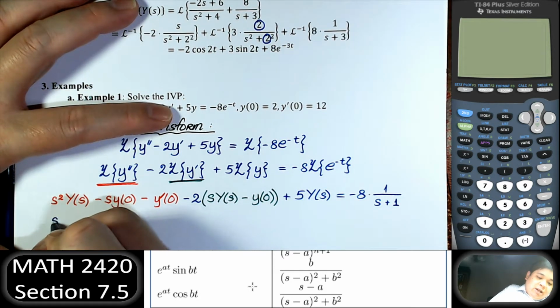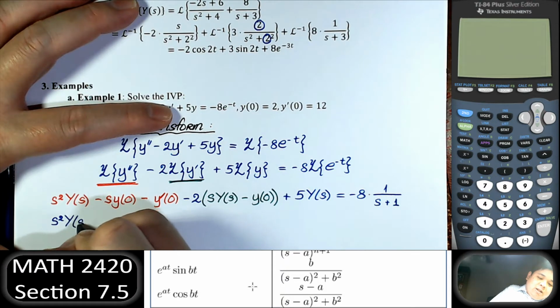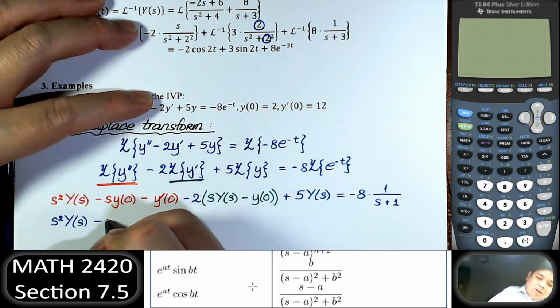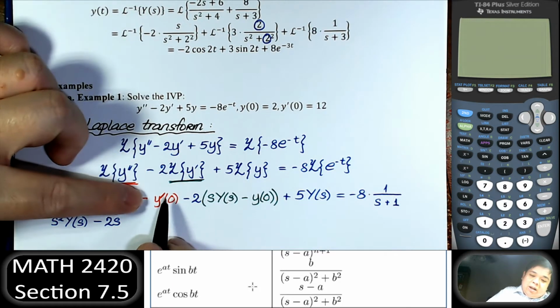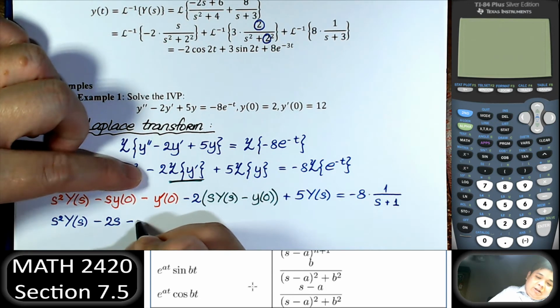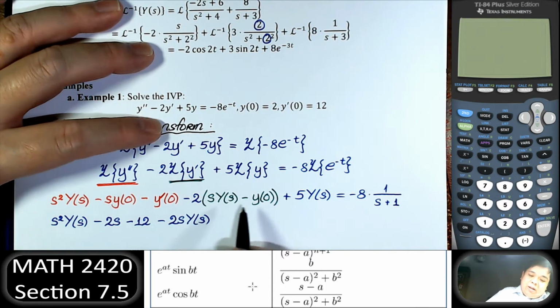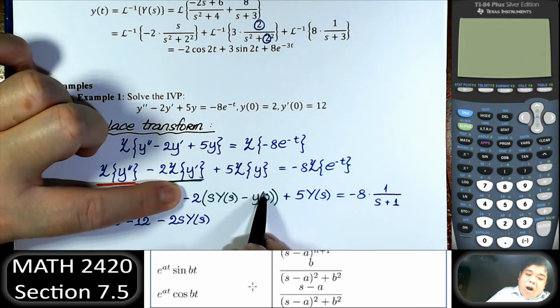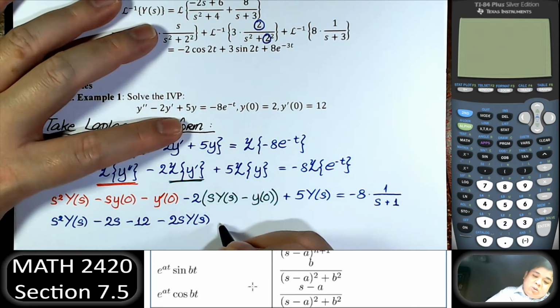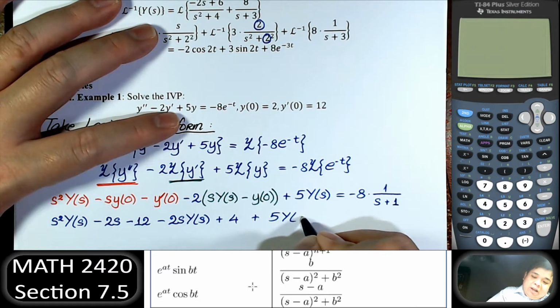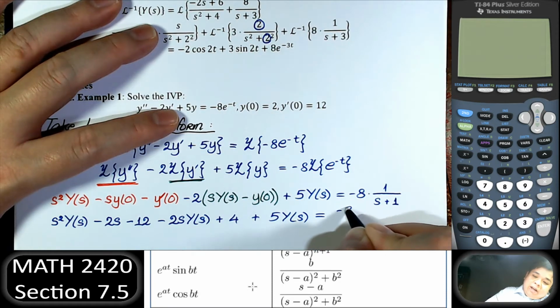We have s squared y sub s minus s. Initial value at 0 is 2, so we have minus 2s minus the derivative 2 times s y sub s minus 2 y naught is 2, so minus 2 times minus 2 is plus 4, then plus 5 y sub s, and we have negative 8 over s plus 1.